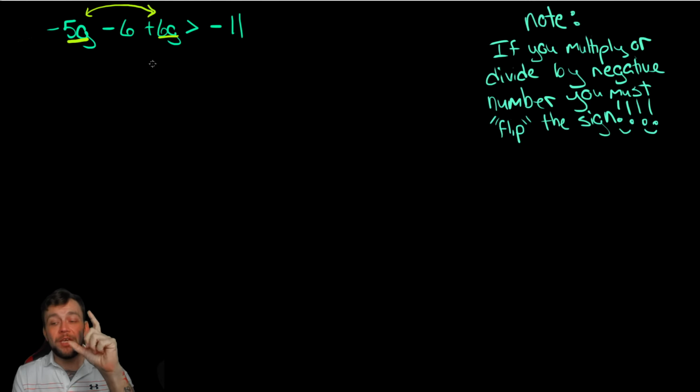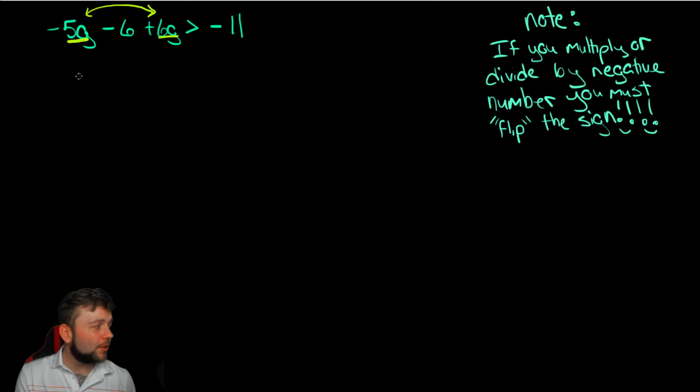What happens when we combine them together? What is 6g plus negative 5g? Well, that is just 1g, a lone g, minus 6, and that is greater than negative 11.